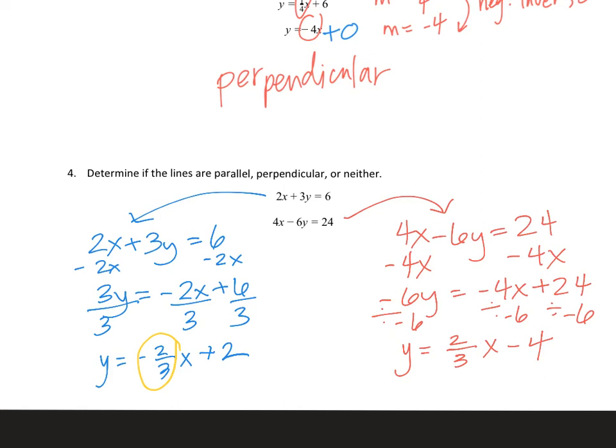These slopes look really similar, but one is negative and one is positive. So they are neither parallel nor perpendicular. Your answer for this one, and I'm going to write it in green, would be neither.